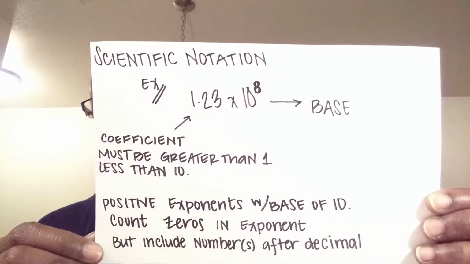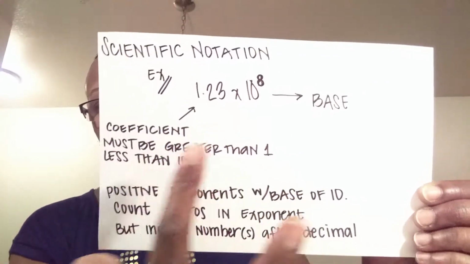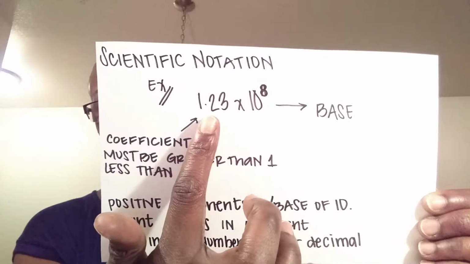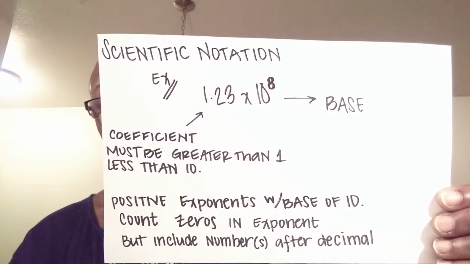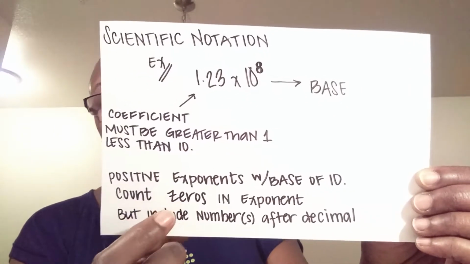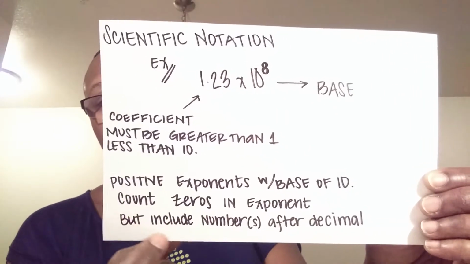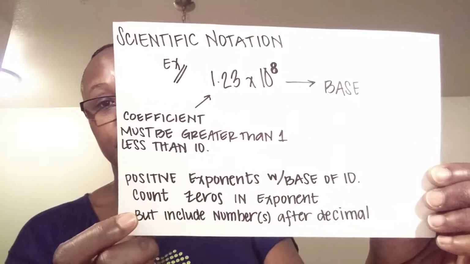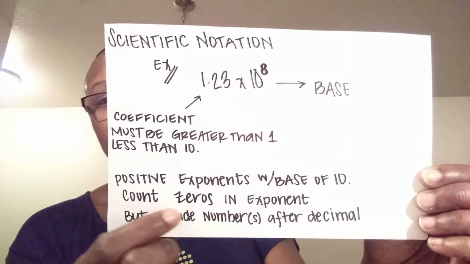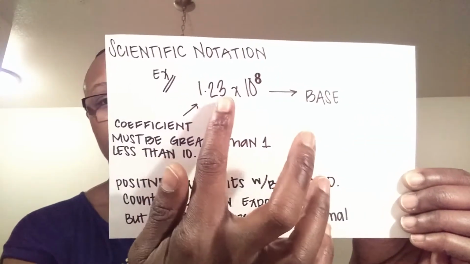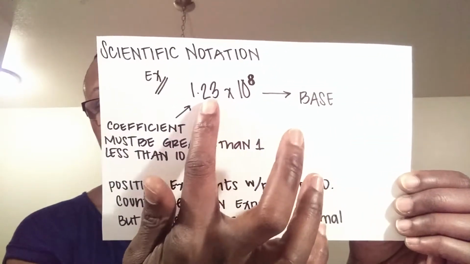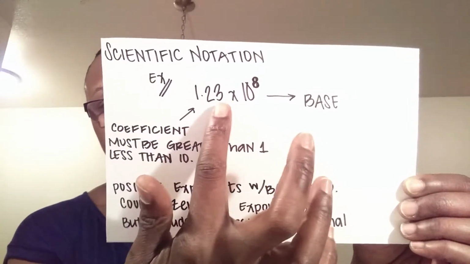Okay, guys, so the coefficient, which is this number here, must be greater than 1 and less than 10. And I'll give you guys a little hint. With positive exponents with base of 10, you'll count zeros in the exponent, subtracting any places in the coefficient.